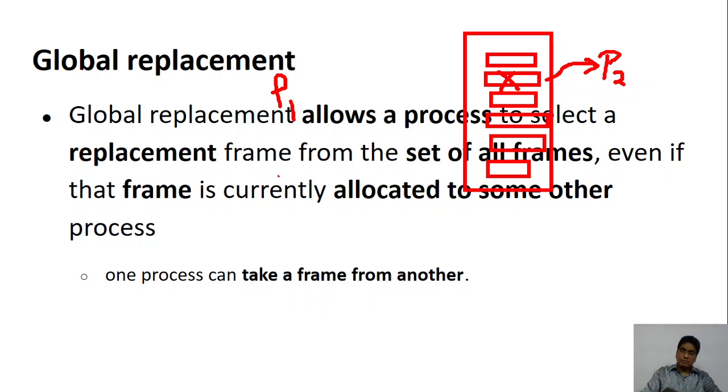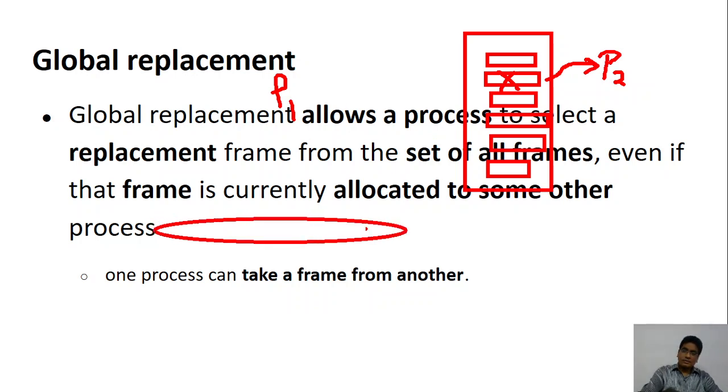You wanted to get one page into memory, so you just pull it in and knock out one of the frames, even if it does not belong to this particular process. So if this particular frame is used by P2, and P1 says I want a page, the operating system will knock out one of the frames which belong to the other process. That is called global replacement.